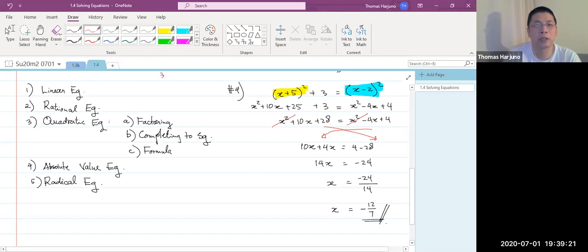Principle number 3: next step should be done in the next line, not on the same line.